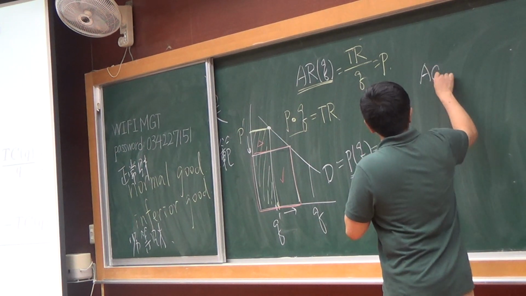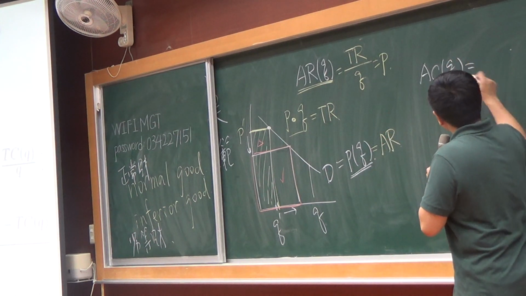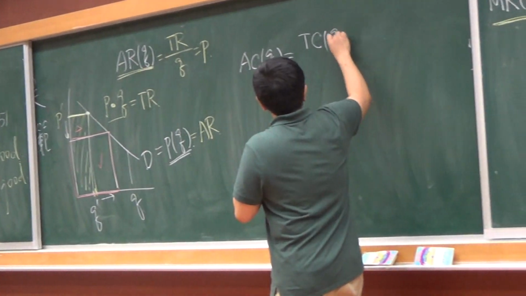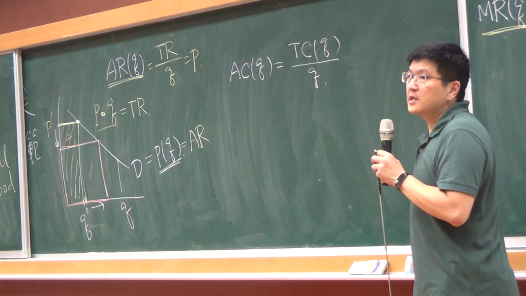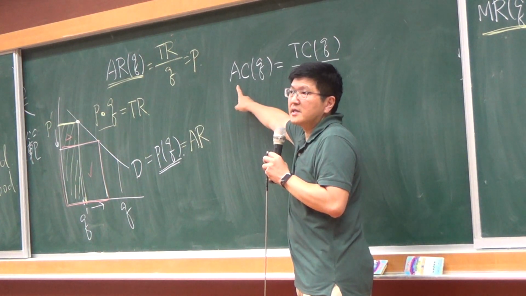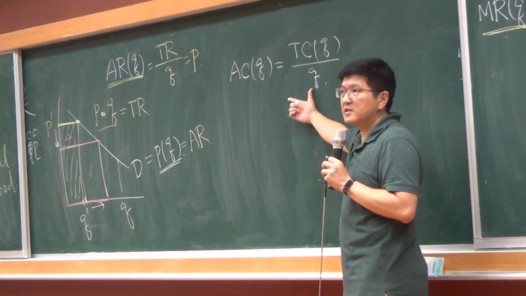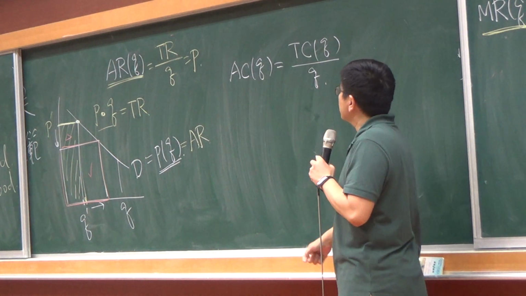Alright, how do we define average cost? It is defined as total cost divided by the quantity sold. So everyone happy with this definition? It's fine? Okay?